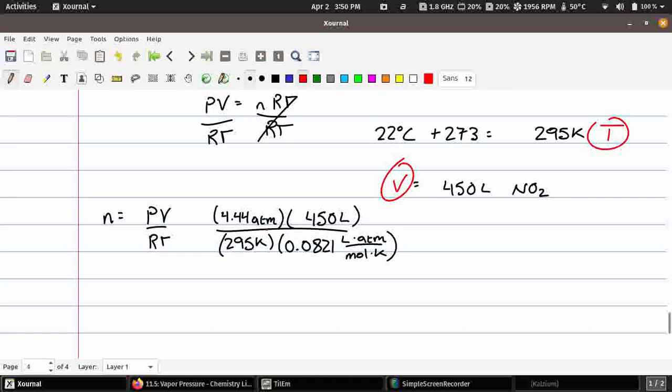Whatever unit you don't have is the unit you're going to end up in. We are looking for moles, so you're going to have moles because that's what we're looking for.